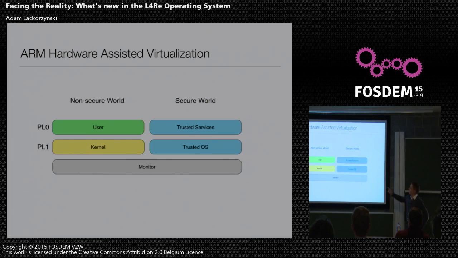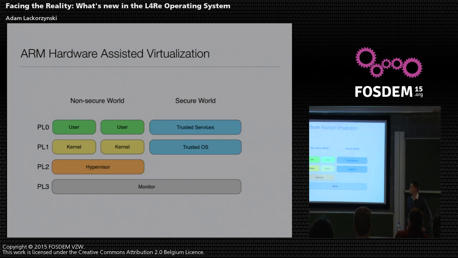When you wanted to make a transition between the non-secure and the secure world, you had to issue a so-called secure monitor call. And then you were going through this monitor mode, which is some assembly code, which actually just switches between those two worlds. But the picture has changed when ARM virtualization support arrived.